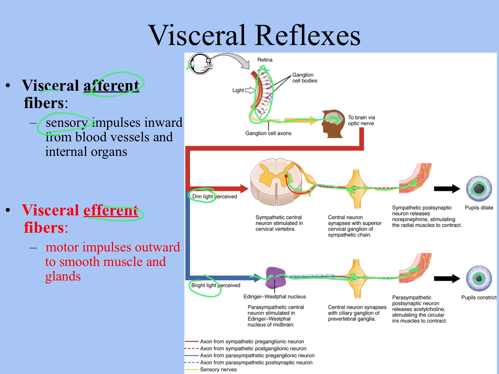Okay, so 2 different pathways were stimulated here, but in the end, what happened is that norepinephrine was released that caused the pupils to dilate, and here acetylcholine was released to cause the pupils to constrict. So in the end, it was the neurotransmitters released by these pathways that caused the same organ, being the pupillary muscles, to either dilate or constrict in response to the pathway that was activated.